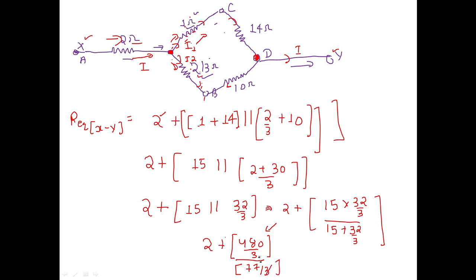Now this 3 and 3 cancel each other out, and if we solve again, this is 2 plus 480 by 77. Now 480 by 77, if you calculate, is 6.23.